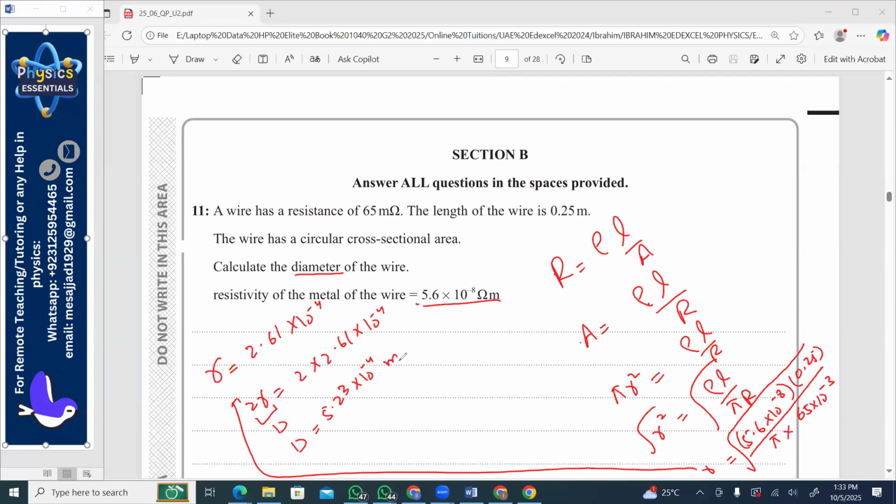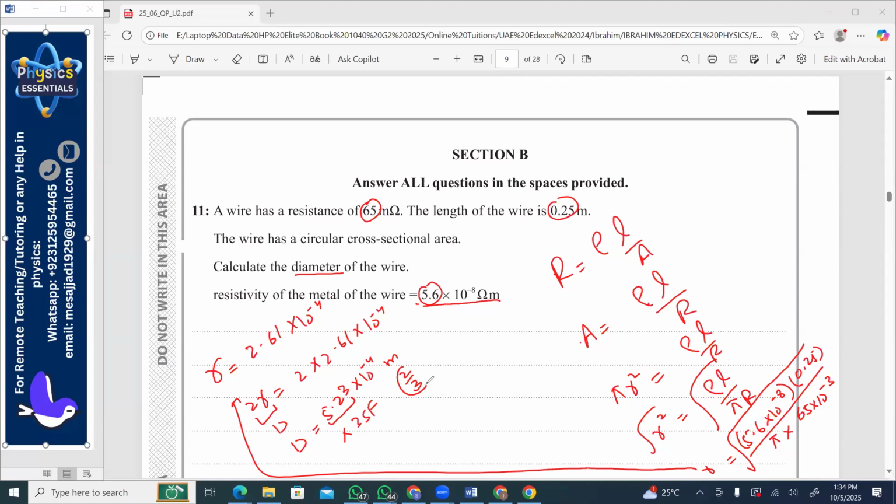Okay. Now you need to see that there are two significant figures in your given data. So your answer should not be in three significant figures, not allowed. If that is the case, you will get just 3 marks in this question, not 2 marks. Okay. If this question is 2 marks, you will just get 1 mark.